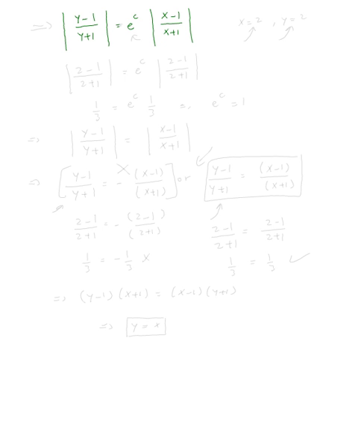You can even call it some C. Let's call this C. It doesn't matter, or leave it e to the c. Alright, so let's plug the initial condition here and see what we need to do. You can do it this way. You just have to be careful.